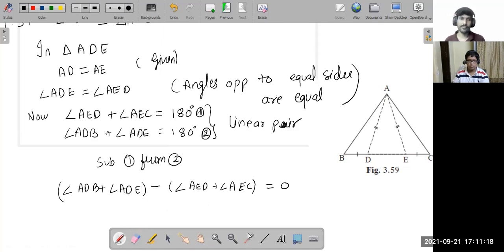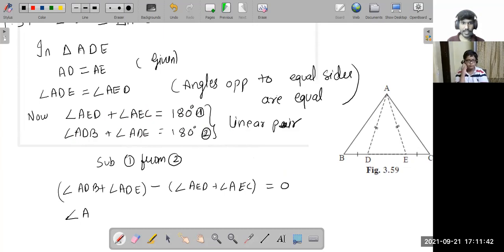So ADB plus ADE minus AED plus AEC, and the right hand side will be 180 minus 180, which is 0. Is this clear? Yes, sir.